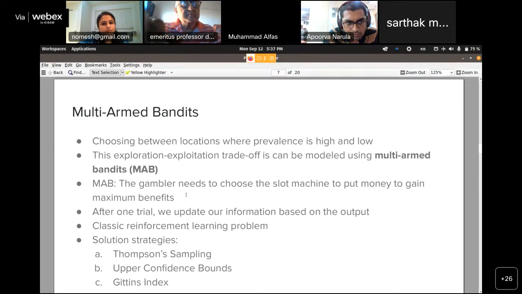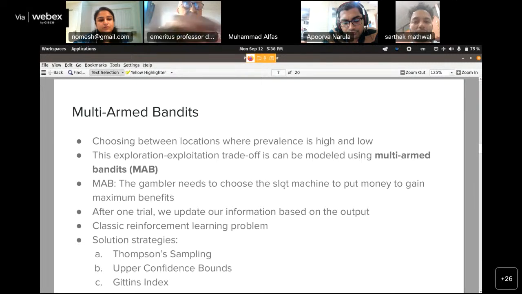In this context, instead of slot machines, we have different cities, and instead of the winning probability, we have prevalence rate. The idea is whether to allocate testing to places where prevalence is very high, or to consider allocating to cities where prevalence is very low in future cases. Obviously, allocating testing to high-prevalence places usually follows the prevalence rate, but there is a chance of randomness.